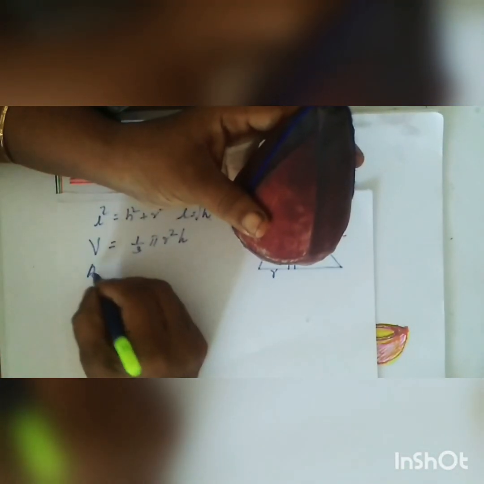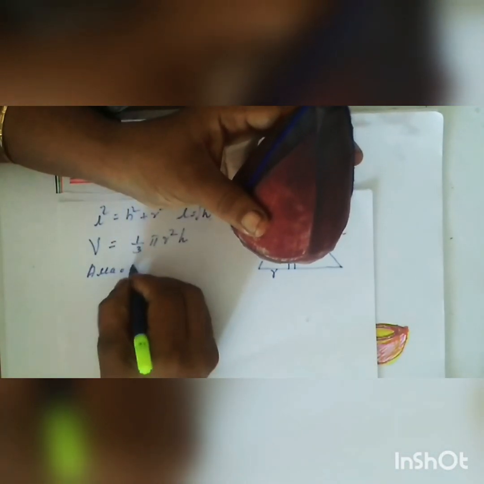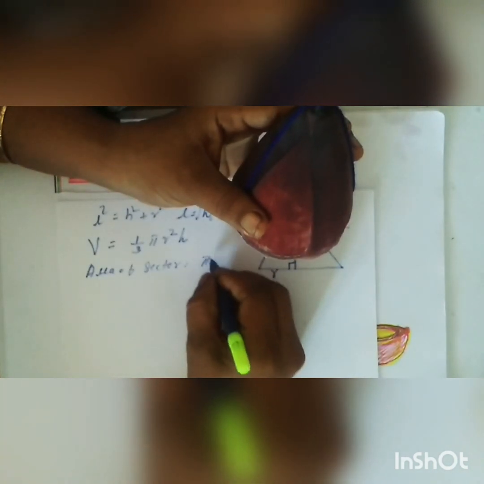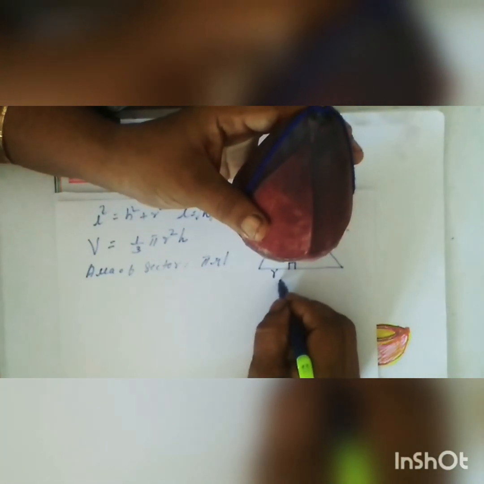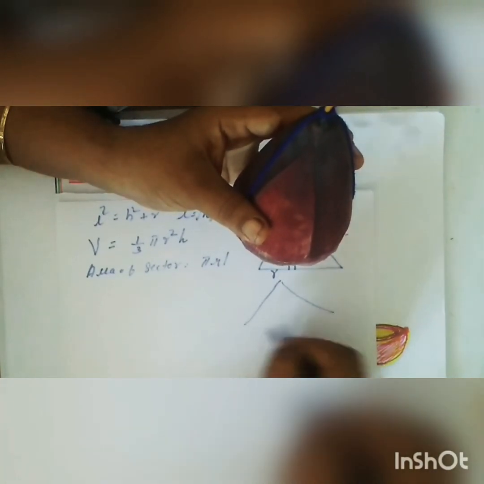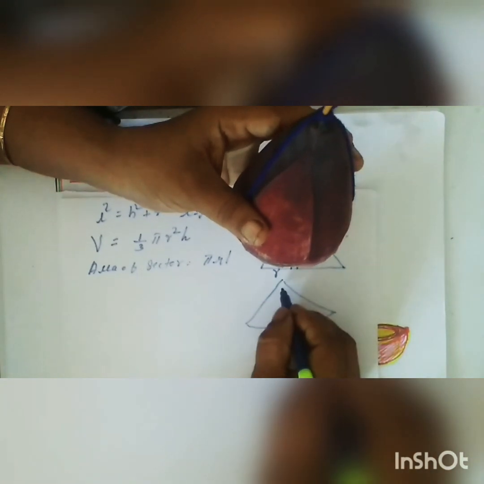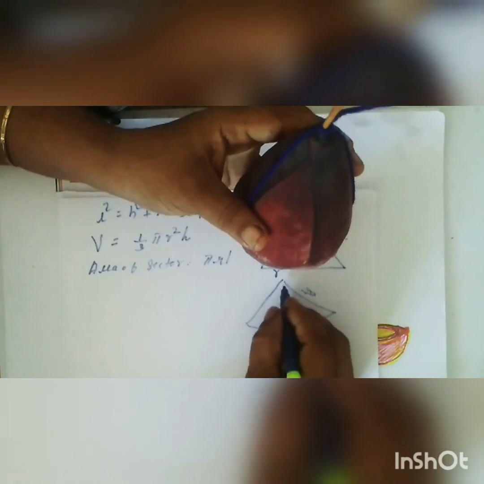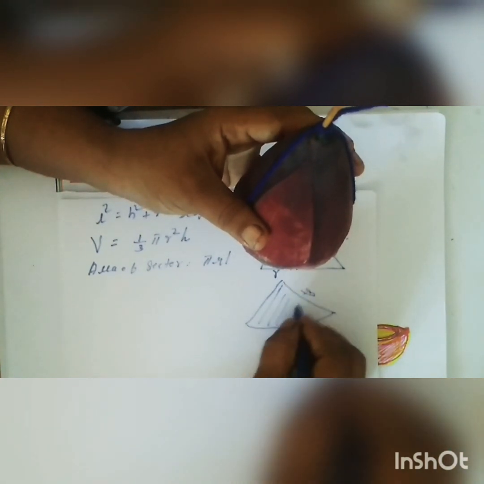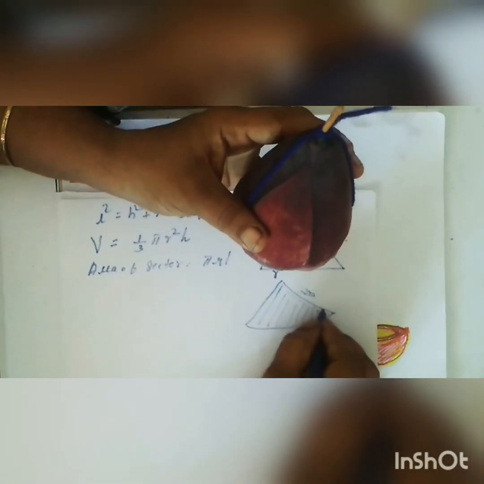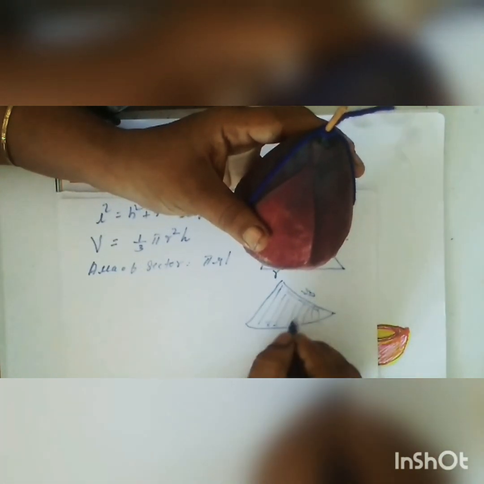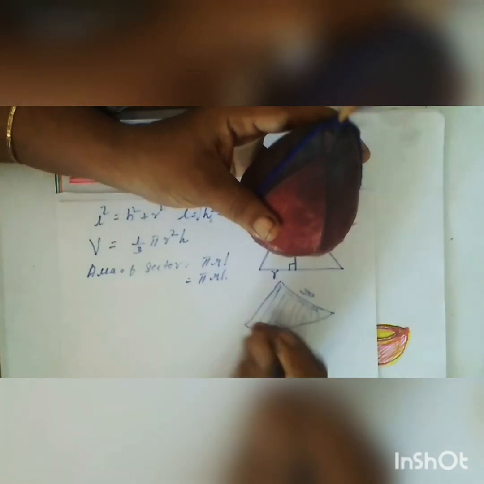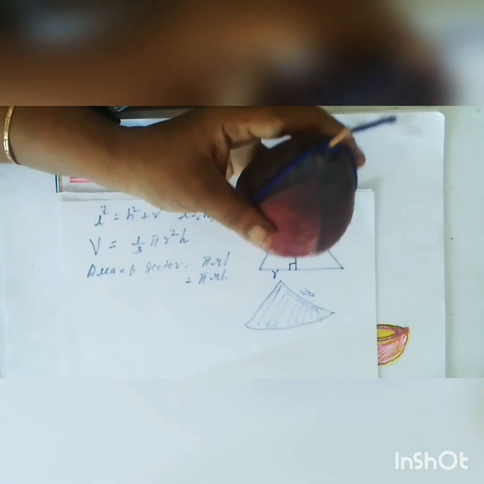Area of sector is equal to pi r L. Sector is like this, therefore L and R, it is equal to pi r L. Area of sector is equal to pi r L.